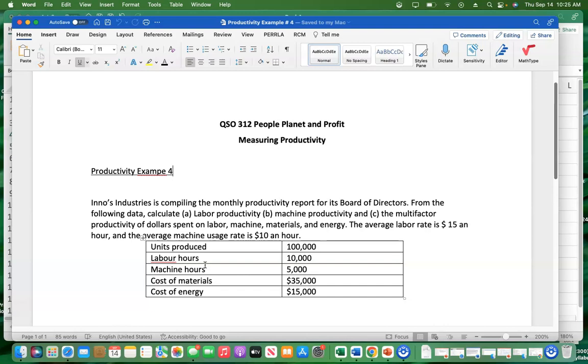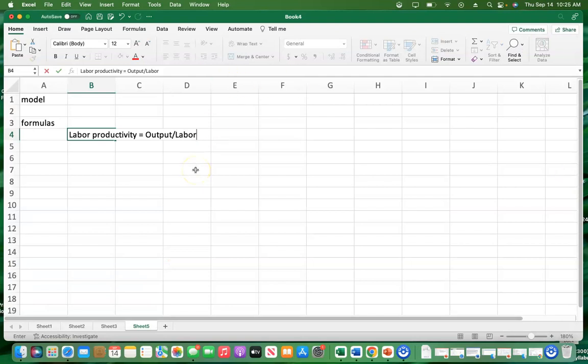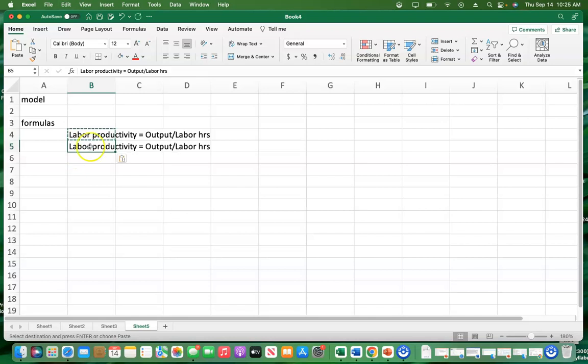But we can also find productivity by using the cost of labor, and I will explain that later. So here can be labor hours, and at the same time, I'm going to copy this. We can have a productivity in terms of cost of labor. So two approaches can be used.